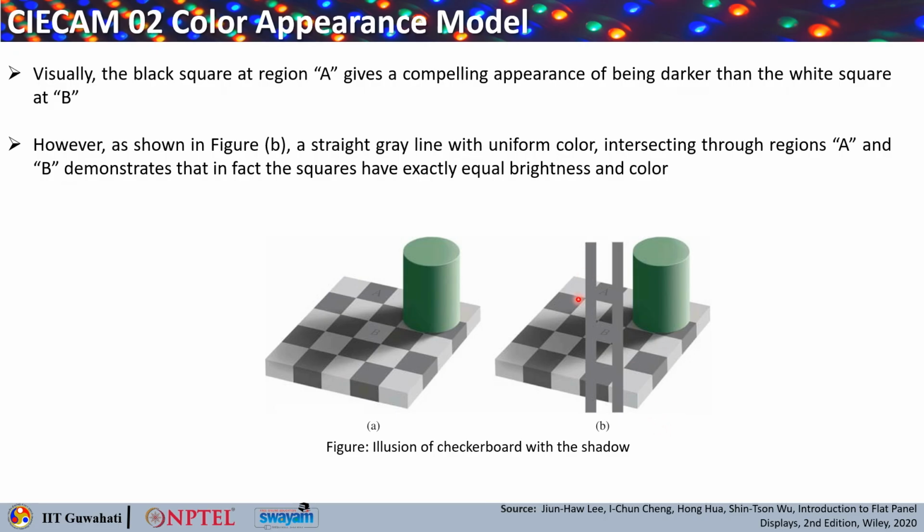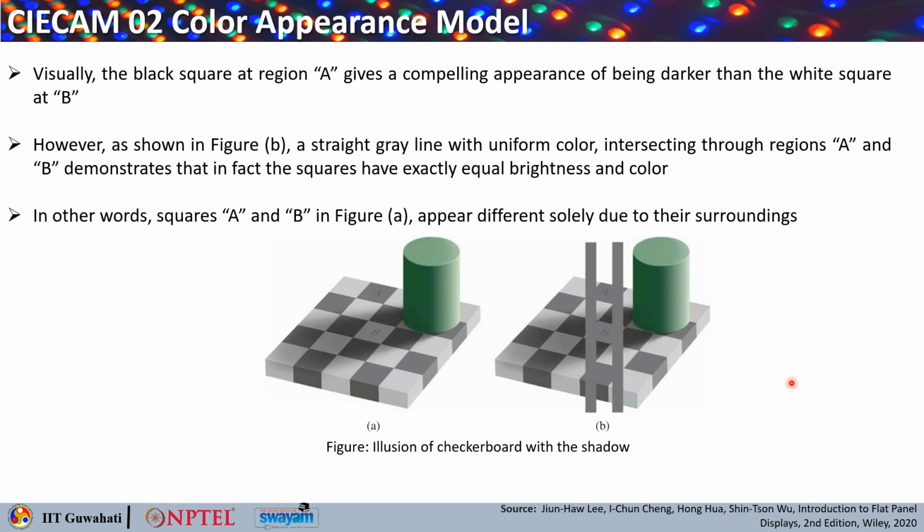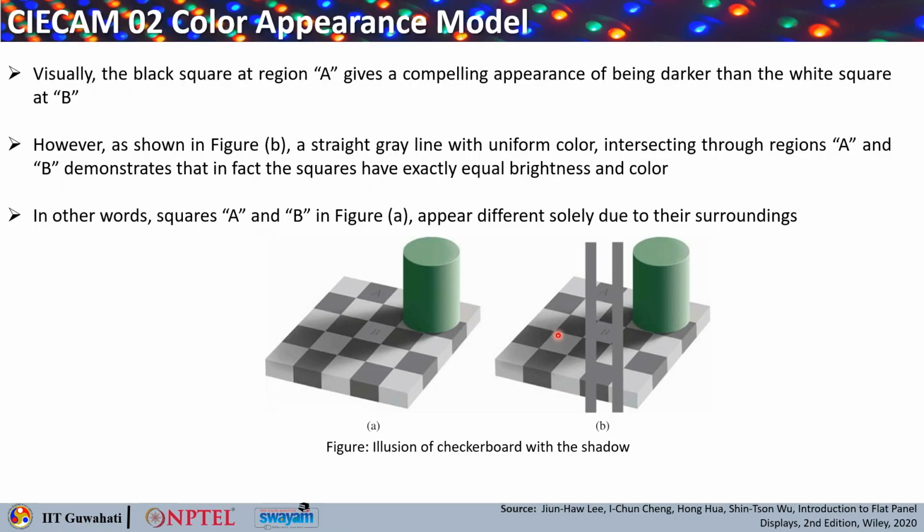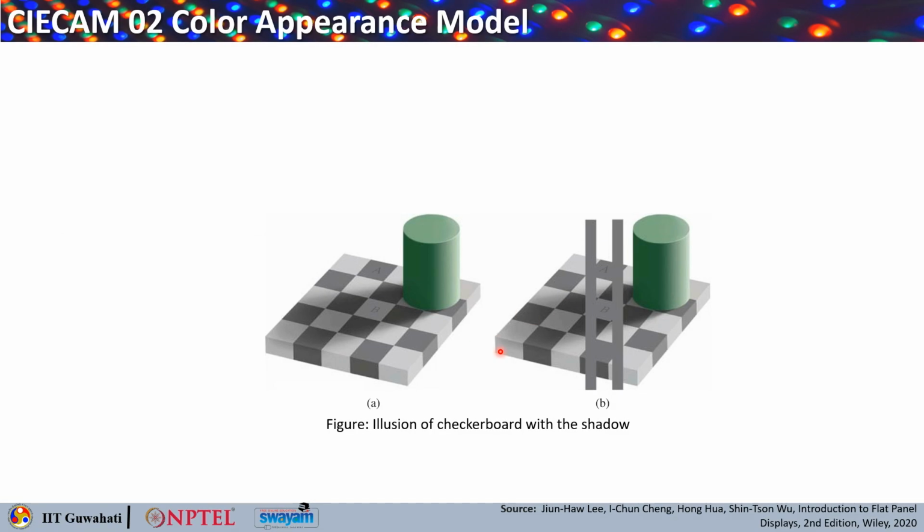This straight gray line with uniform color, intersecting regions A and B, demonstrates that these two squares have exactly the same brightness and color. So they are not different, they are the same. In other words, in this figure, squares A and B appear different only because of their surrounding. So this shadow played an important role.